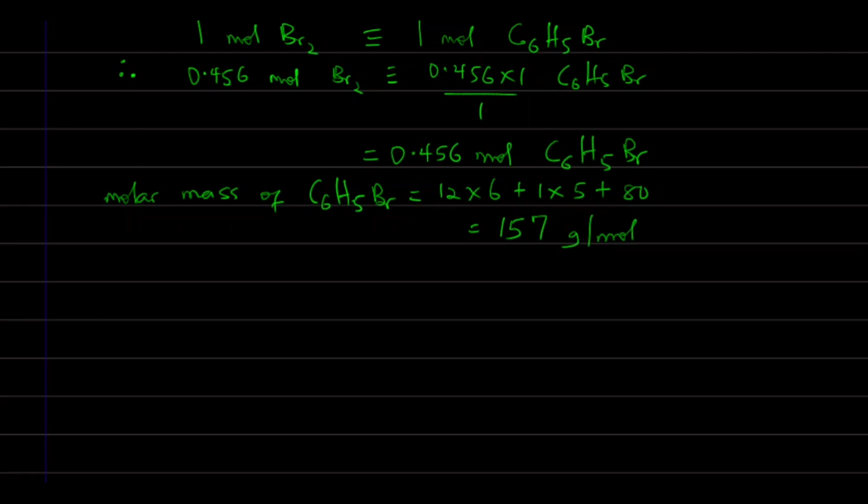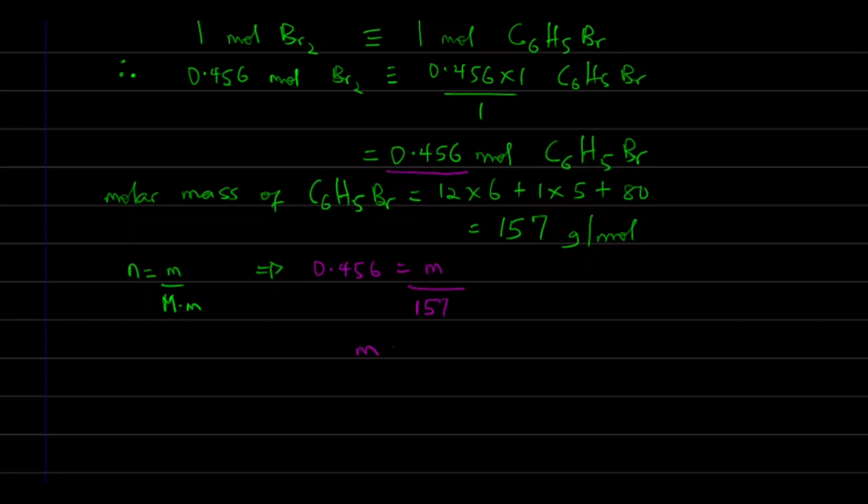Now we have gotten the molar mass of C6H5Br. We can calculate its mass by saying number of moles equals mass over molar mass. The number of moles of bromobenzene, as we have calculated it to be 0.456, equals mass over the molar mass, 157.